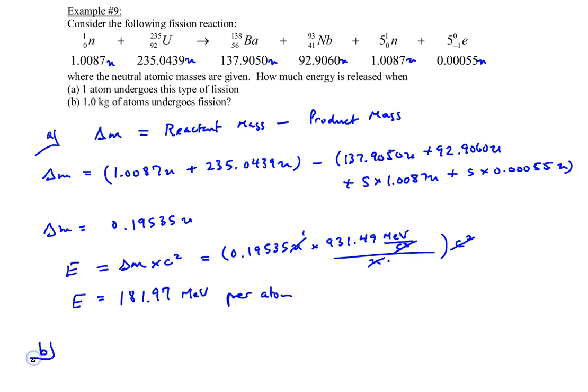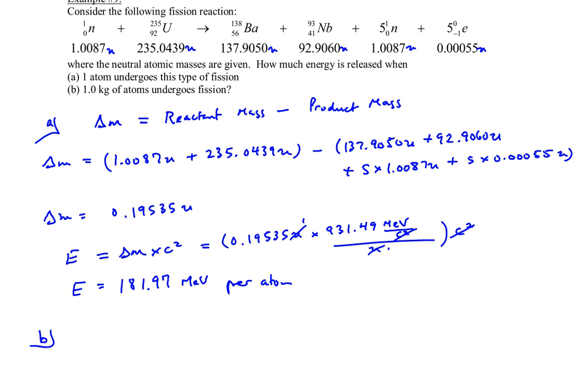Okay, now moving on to part B, we're asked to determine the amount of energy that would be produced if you were to have 1 kilogram of atoms. So first thing we need to do is find out how many atoms there are if we have 1,000 grams of this stuff, 1,000 grams, or 1 kilogram.